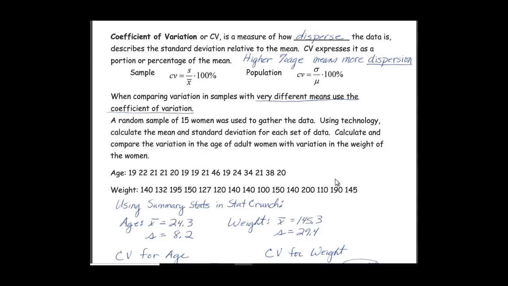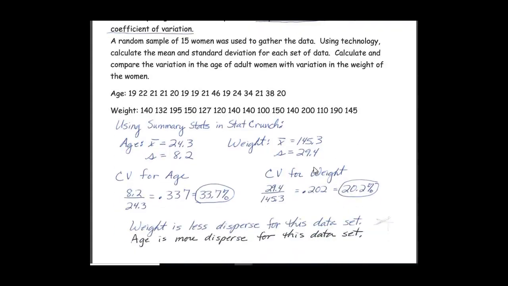So in this scenario, I've already gone in to StatCrunch and used the age and the weight data here to calculate the mean and the standard deviation for both age and weight. We came up with a mean of 24.3 and a standard deviation of 8.2 for the age. In other words, each data piece here varies from the average age of 24.3 by about 8 years, typically.